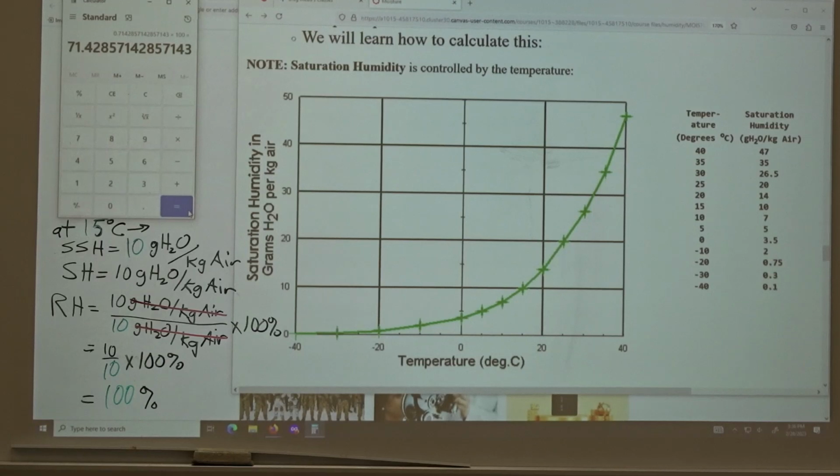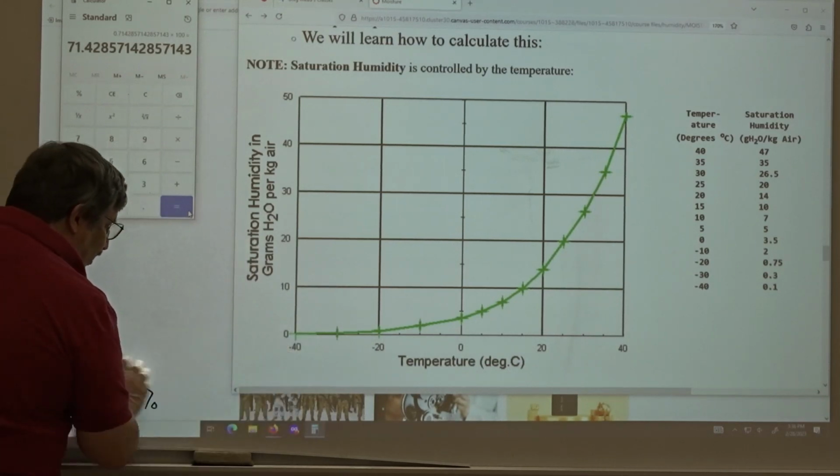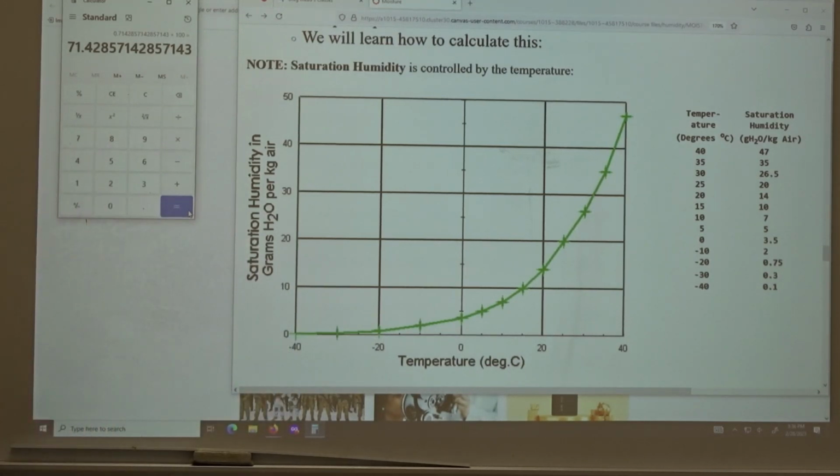This leaves us with an odd problem. What's the problem? The problem comes up if we decrease temperature even farther.